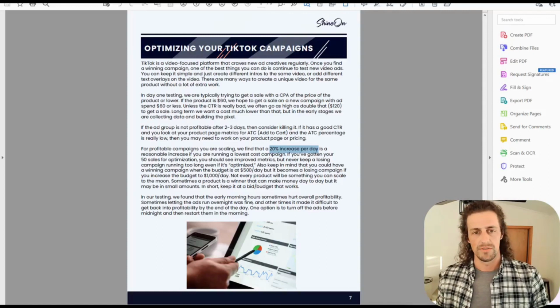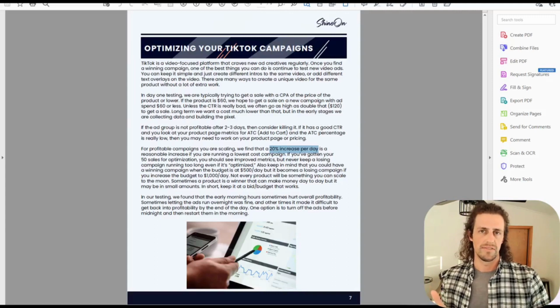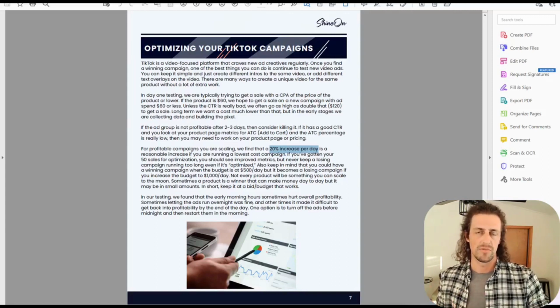Sometimes you can also look at doing an accelerated budget spend in the morning if you find that you're getting a lot more sales in the morning, so you want to capture as many of those people as you can. You could then also do more of a standard release.